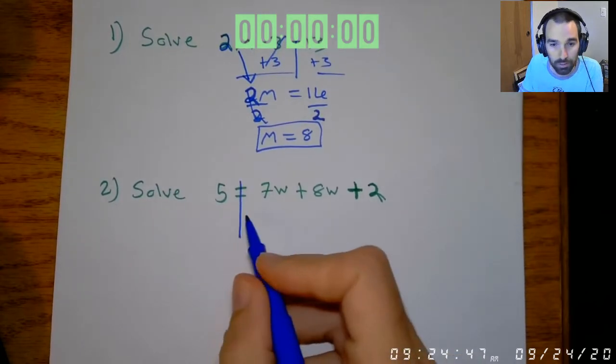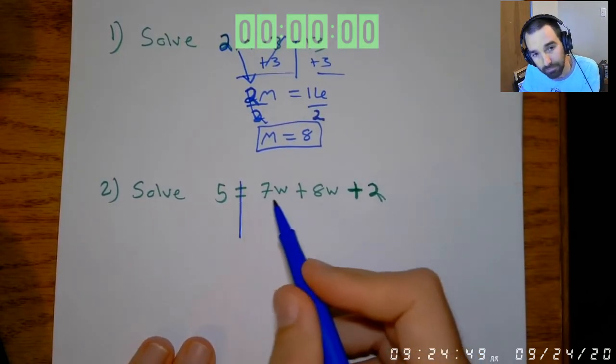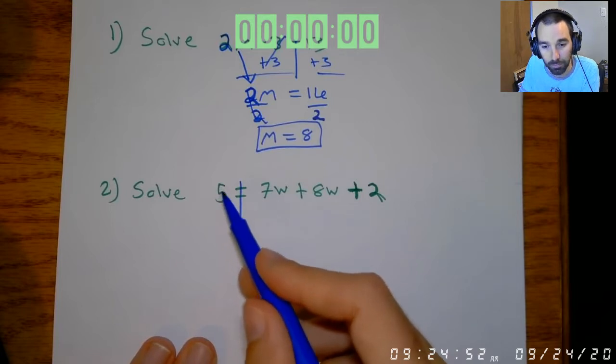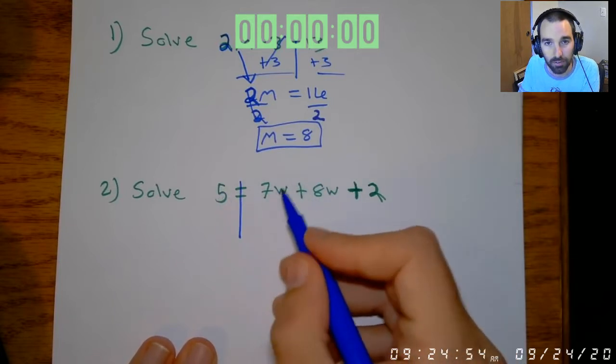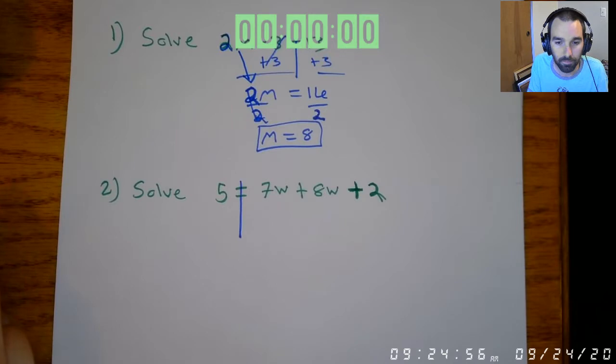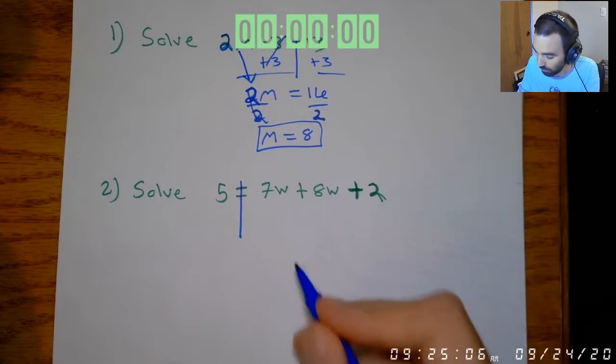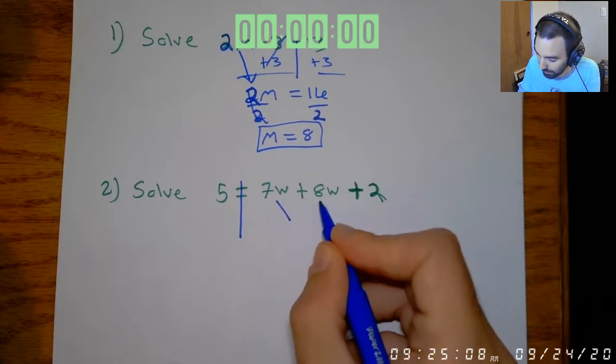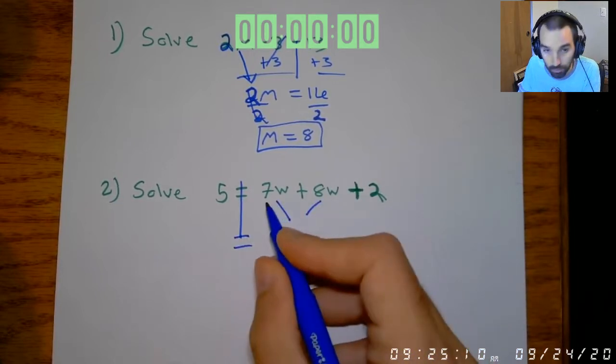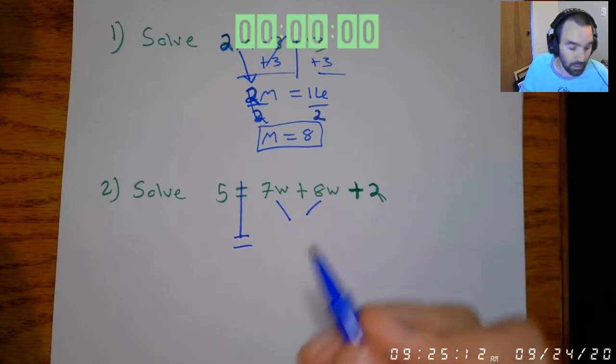Okay, now going to the second one. I look at the left side, it's really simple. But on the right side, I notice I have a 7w here and an 8w here. So what I'm going to do is combine terms like this. So 7 plus 8, what do we got there?